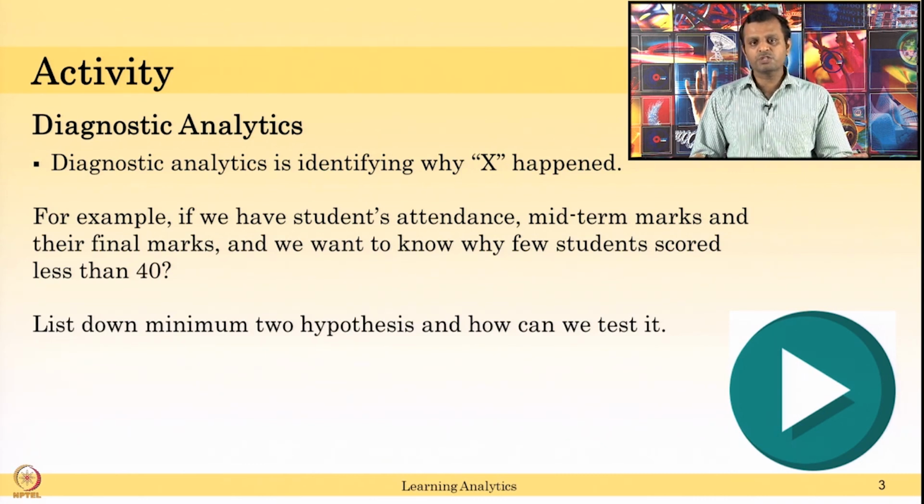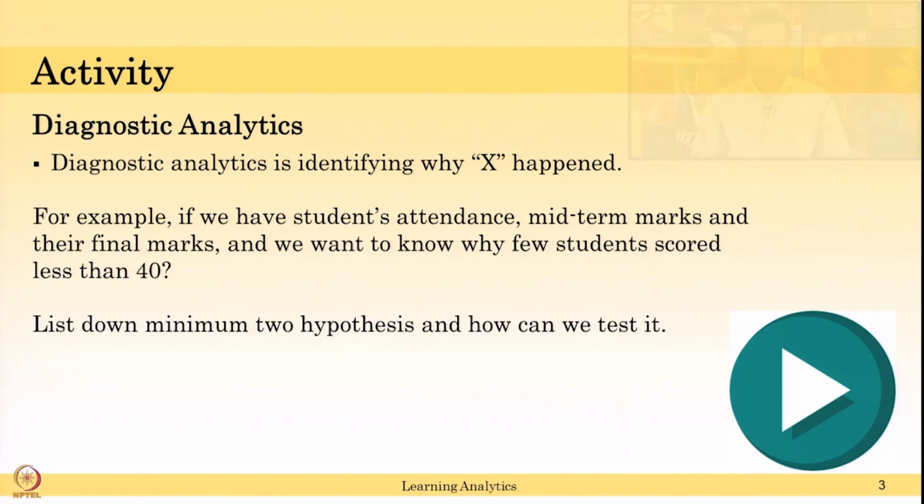So, list down based on your experience why it would have happened. Consider you have only this data, like midterm marks and attendance. Can you create a hypothesis from this data? And if you have a hypothesis, how would you like to test it? What are the techniques you use to test whether your hypothesis is right or wrong?